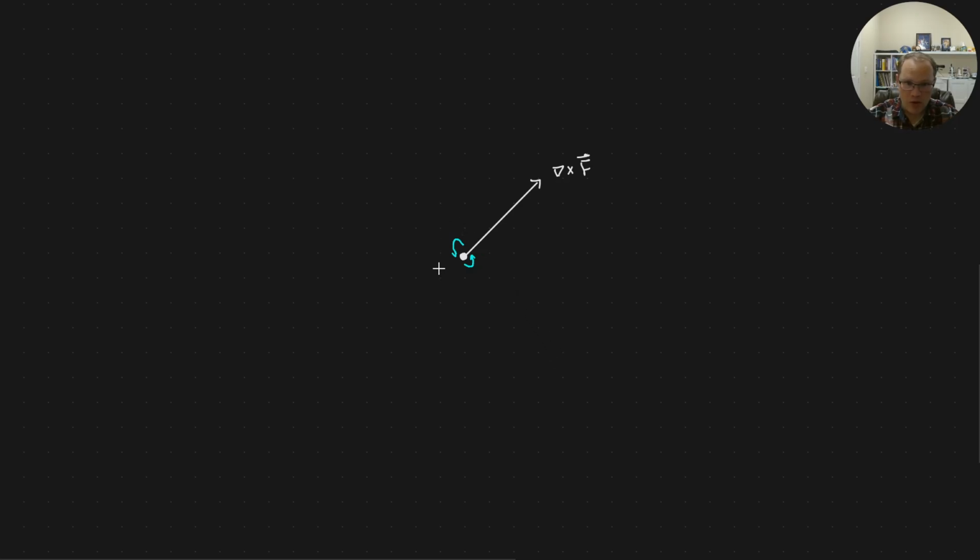Okay, orthogonal to the vector. The magnitude of the vector tells you the strength of the rotation. The larger the vector, the faster the rotation. Okay, and note that it follows the right-hand rule. If you curl your fingers around the direction of rotation, your thumb is pointing in the direction of the curl. Okay, the direction of the vector in 3 dimensions.